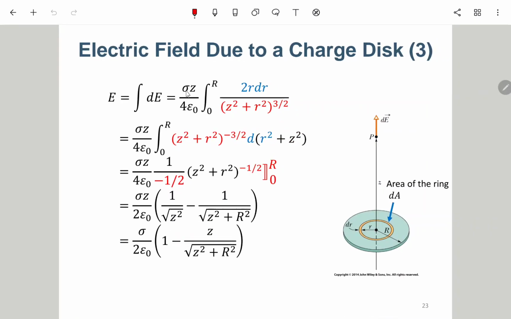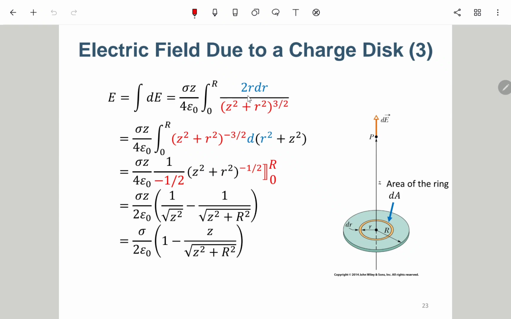So we have sigma z over 4 epsilon naught, 2r dr over this thing, and then we integrate this from 0 to capital R. Actually this part is independent of r, so we can just put it outside. Here, this is a function of small r, so we need to find its antiderivative.